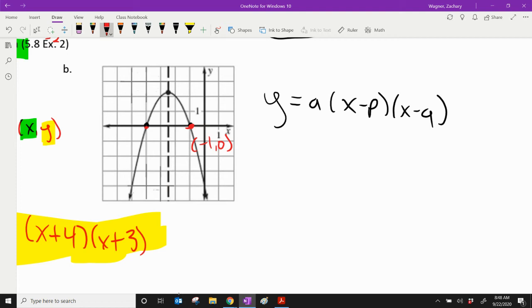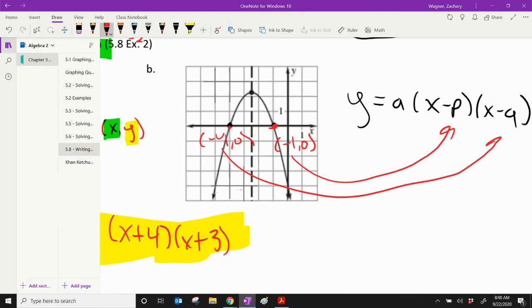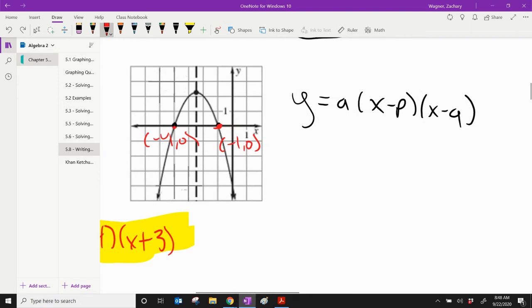This is negative 4, comma 0. Use those points to plug into your p and q values. y equals a times x minus negative 1, that's going to be plus. x minus negative 4, that's going to become a plus.